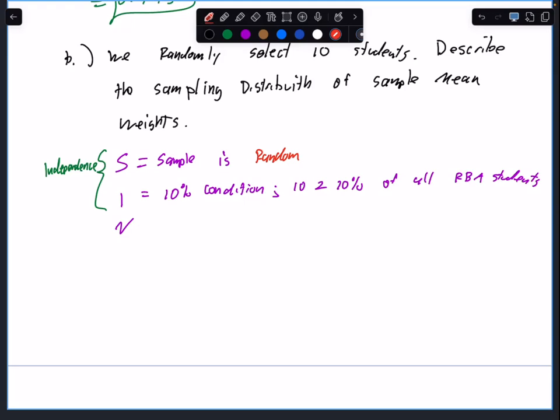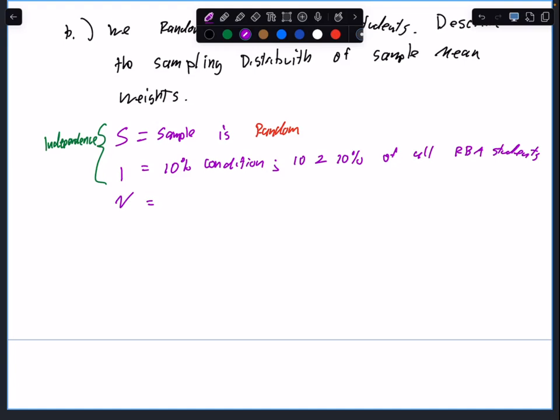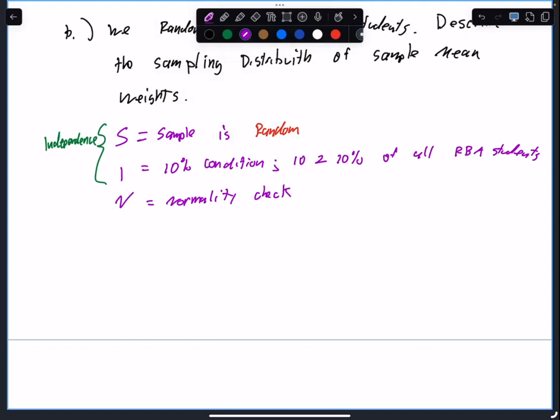So these two conditions, or the assumptions, are independence and normality. The other one is the normality check, which, since we're doing this type of distribution, is the nearly normal condition.